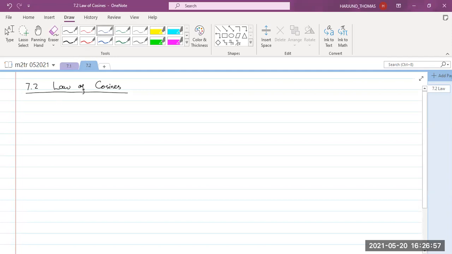So here's the thing. Law of cosines says that if you have a triangle with sides A and B, and angle C as the included angle, then side C squared equals A squared plus B squared minus 2AB cosine of the included angle.